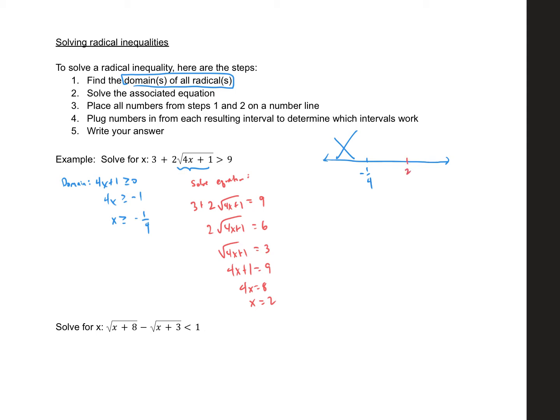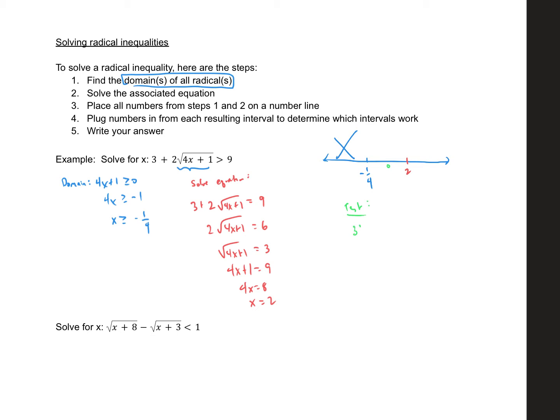Now, we have numbers that basically are between negative 1/4 and 2, and numbers that are bigger than 2. And on the number line, these two different intervals could either work in the inequality or not work. So what I'm going to do is pick numbers. So I'm going to test, sort of like a test point. I'm going to pick a number between negative 1/4 and 2. So I'm going to pick 0.